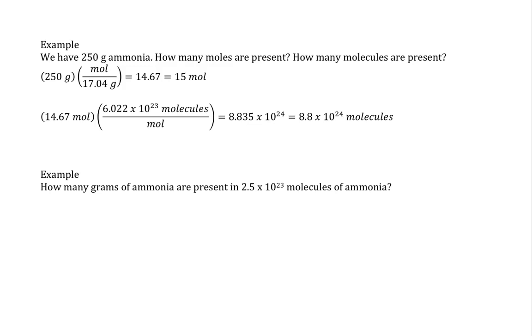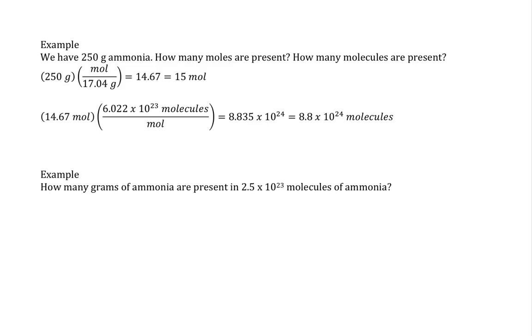How many molecules are present? So now we take the moles, and notice that we're midway through a calculation now, so we go back to the 14.67 number, moles, and then we write Avogadro's number conversion beside it such that moles cancel out.